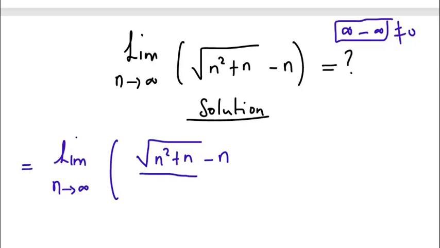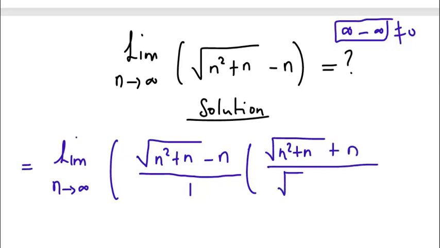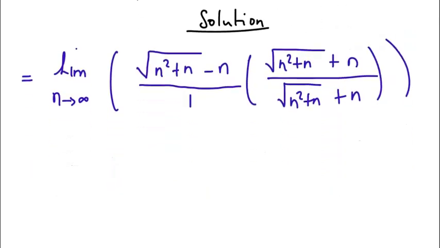The denominator here in this case is 1, right? And we're going to multiply by square root of n squared plus n. The conjugate is going to have a positive n here. Then divided by the same, which makes this side 1, right? N squared plus n and then plus n. So nothing changed, right? Okay, that's cool.